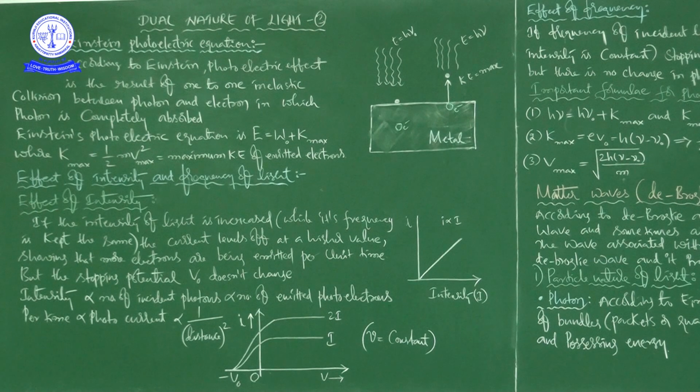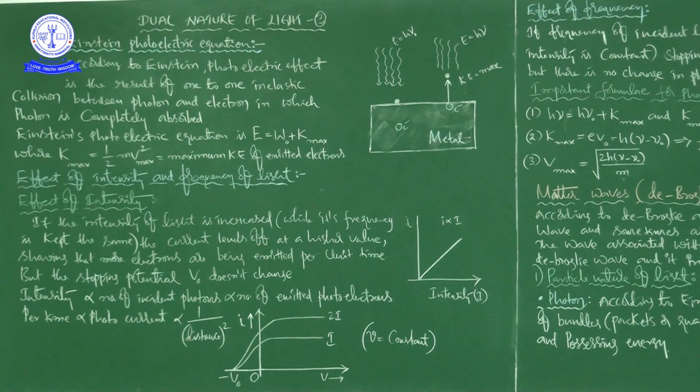But in the same metal, positive charges are also present. When these electrons try to escape from the metal, the positive charges pull them back because an attractive force is there.